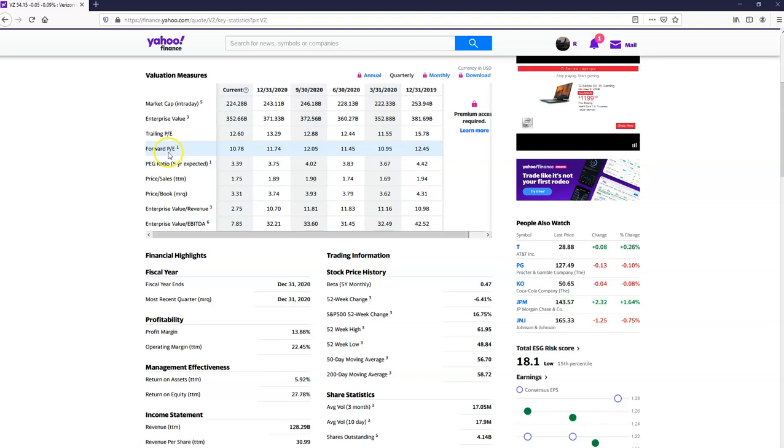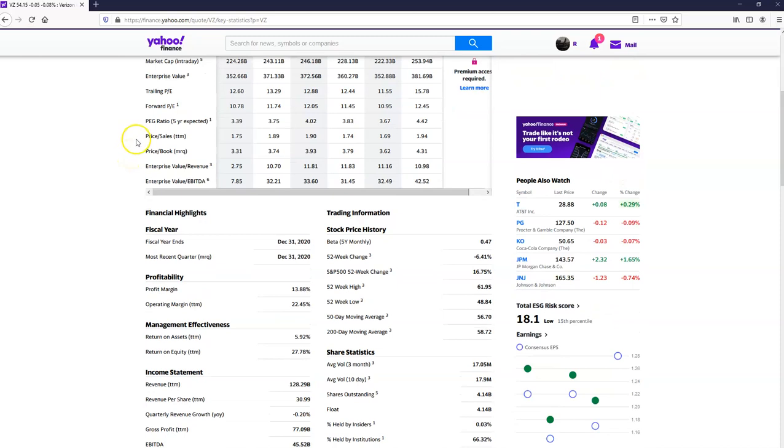So the price of the share compared to estimated earnings. All right. This is the price per earning growth ratio over 5 years. This is the price to sales ratio, the price to book ratio, the enterprise value divided by revenue ratio, and the enterprise value by EBITDA ratio.